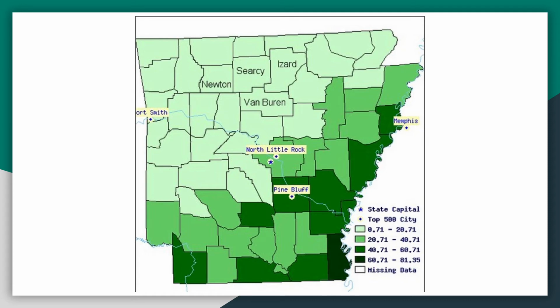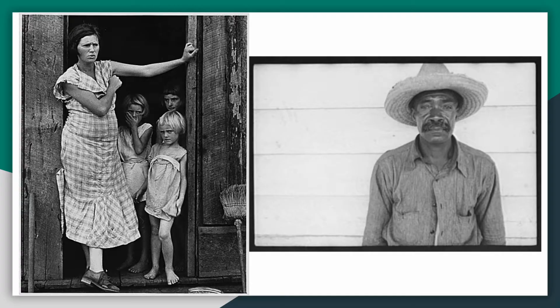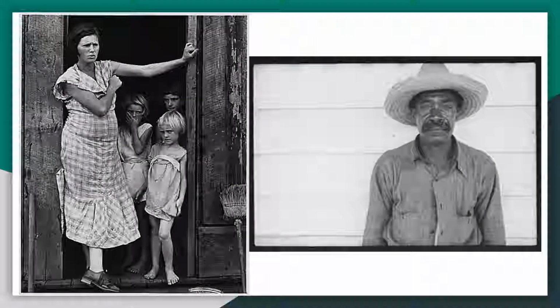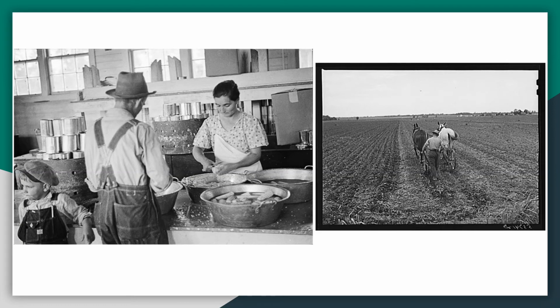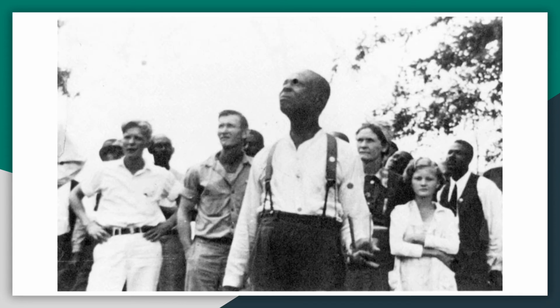After the Civil War, agriculture remained the main industry, switching from being reliant on slave labor to sharecropping and tenant farming. The combined stress of the Great Mississippi River Flood of 1927 and the Great Depression turned the politics of this region upside down. There was a rise in social support programs, support for progressive policies, and racially integrated groups like the Southern Tenant Farmers Union fighting to improve conditions for poor farm laborers.